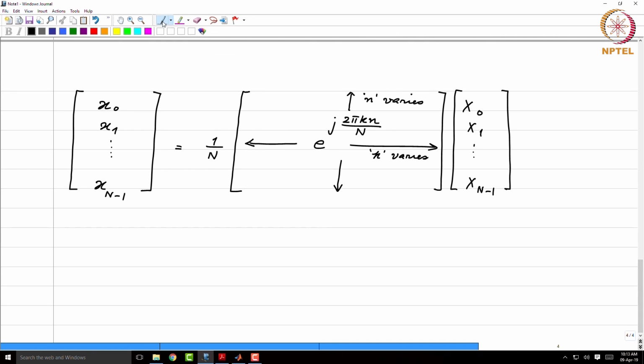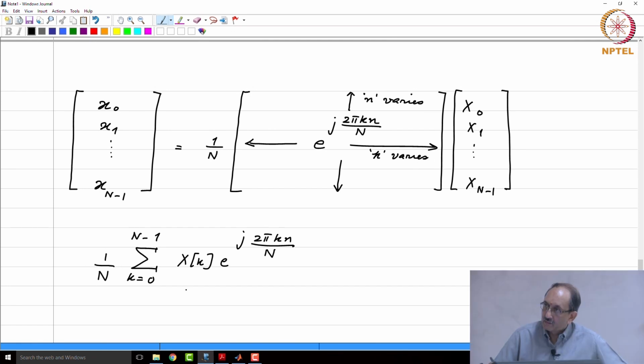And you can easily verify that the inverse transform that was given to you without any explanation really follows from the fact that the DFT matrix W has this inverse, and hence if you have 1 over N, X of k, e to the j 2 pi k n by capital N, this is the definition of the inverse Fourier transform.